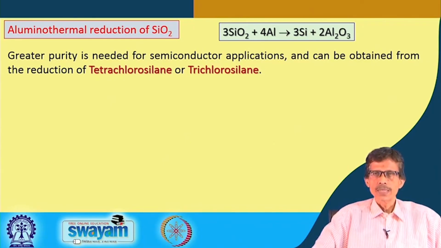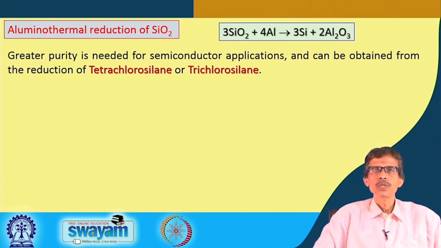Similarly, silicon dioxide, the quartz variety, can also be your source of the material, but to check their purity, their stability in the solid state also doesn't allow us to take the strategy for getting the semiconductor quality silicon.